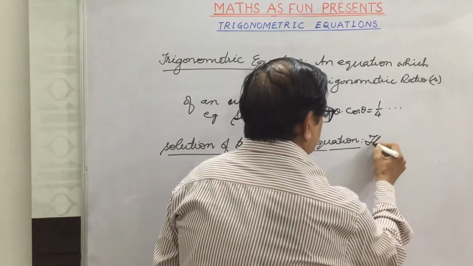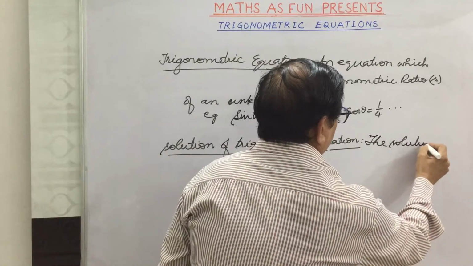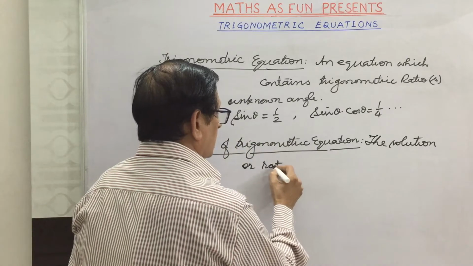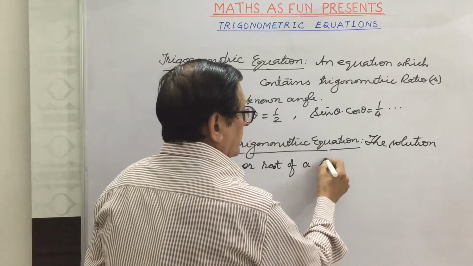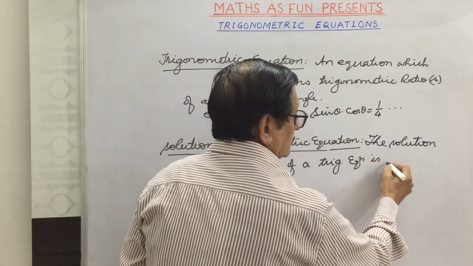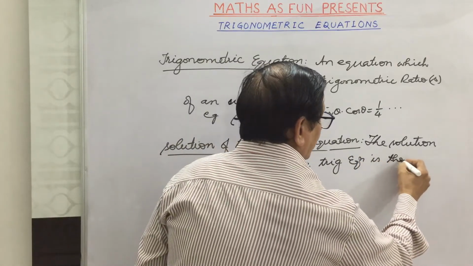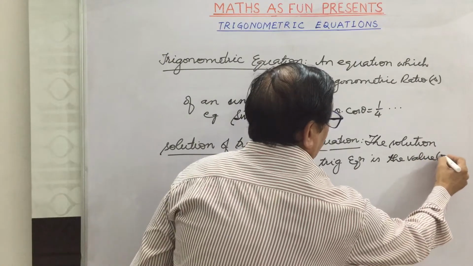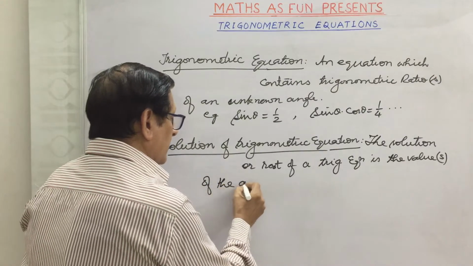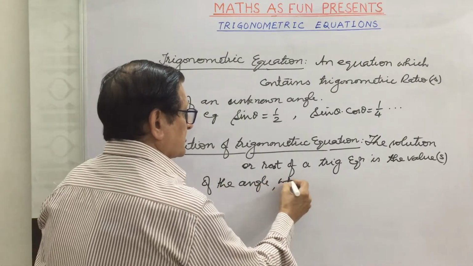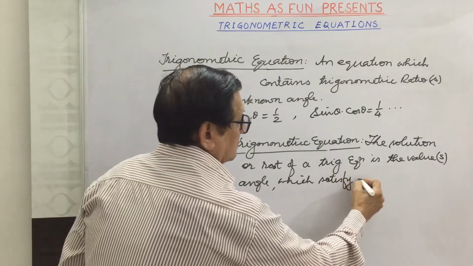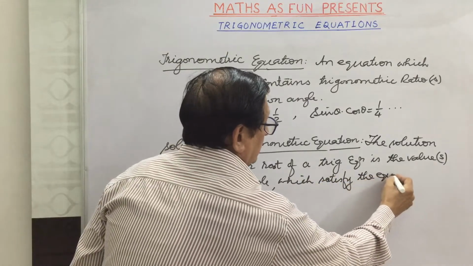The solution or root of a trigonometric equation is the value or values of the angle which satisfy the equation.